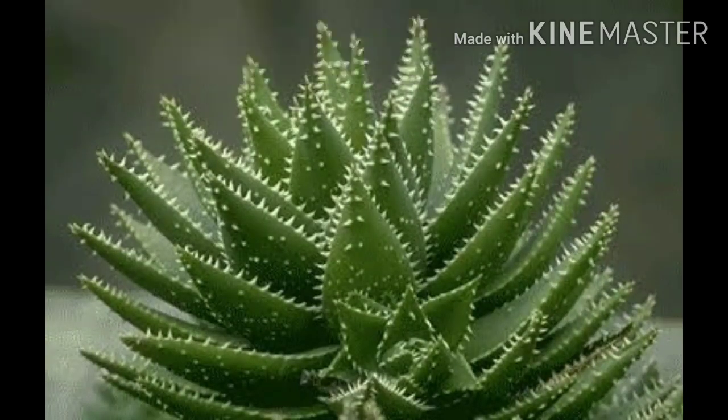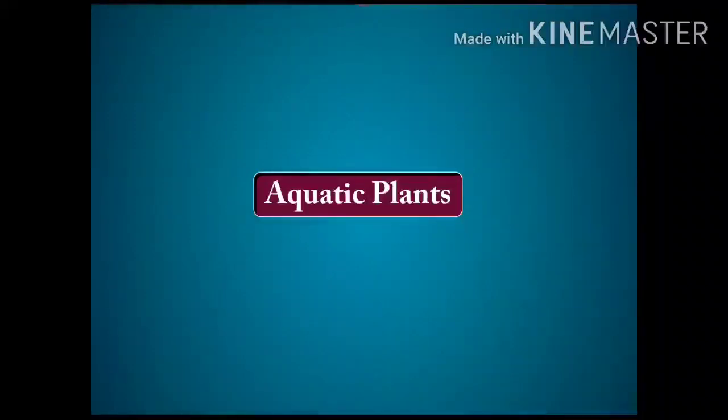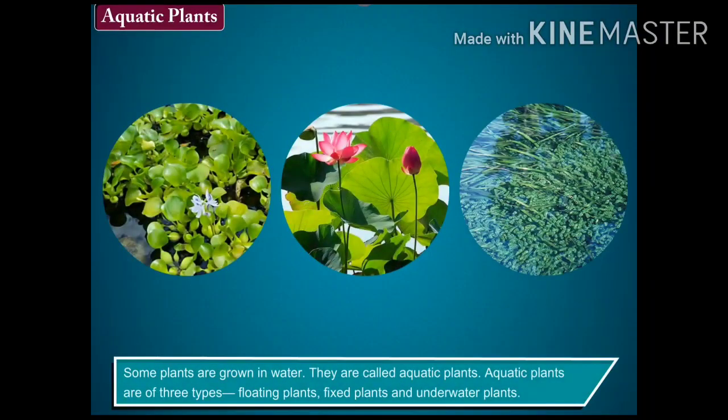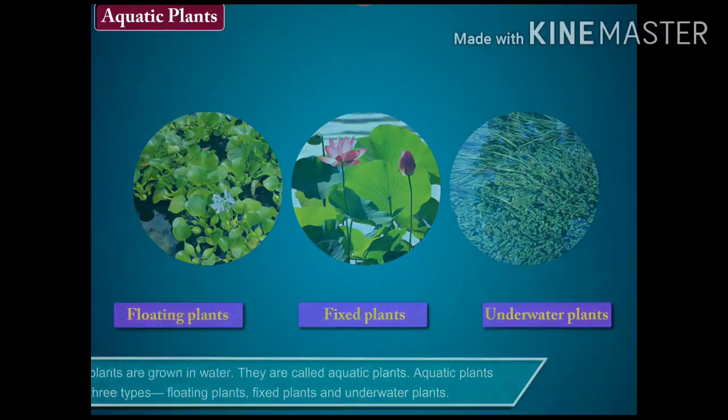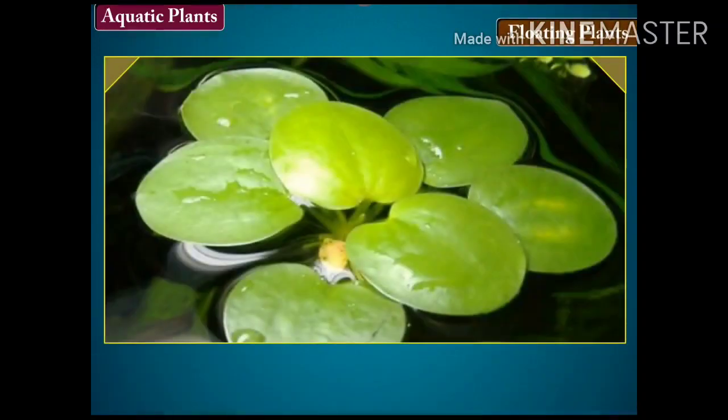Next is aquatic plants. Some plants grow in water and they are known as aquatic plants. Aquatic plants are of three types: floating plants, fixed plants, underwater plants. Floating plants. Floating plants have spongy bodies filled with water.